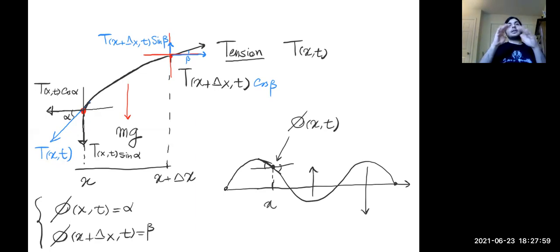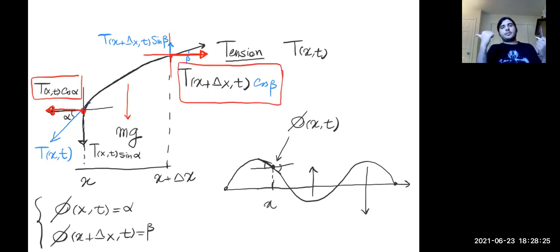What is the total force in the horizontal direction? There are two components. As you can see, in the horizontal direction, one is T of x and t cosine alpha. And then there is another one, which is here, T of x plus delta x and t cosine of beta, right? So one is here, one is here. They're in different directions, right? Their algebraic sum with plus and minus should be equal to 0, because that would be the total force. So I'm going to write that down here.